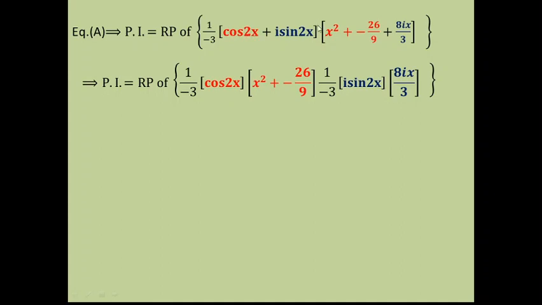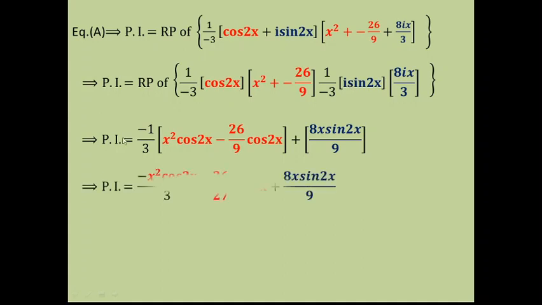So these two are to be multiplied. Similarly these two terms are to be multiplied. So after multiplication, it will be like this, multiplication of real parts, and when I multiply the imaginary parts, I into I gives you I square, right? So that is minus 1. So that is to be used. So in this way we get the particular integral.